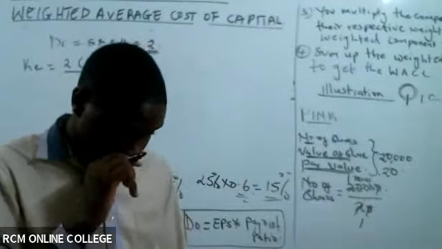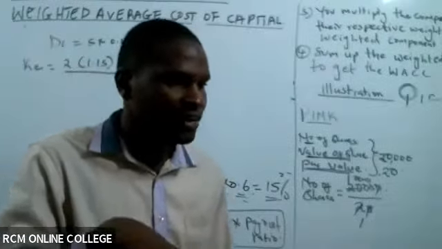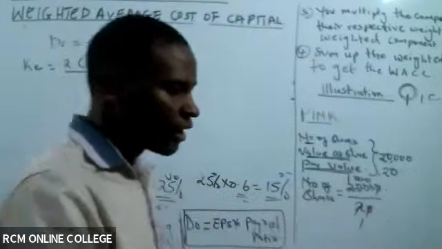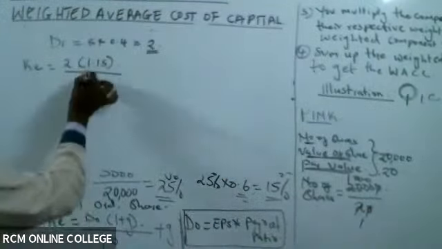Additional information number 3: ordinary shares of the company are currently selling at market value of 50. So we put 50, plus our 0.15. Whatever you get there, you put it as a percentage, times 100.